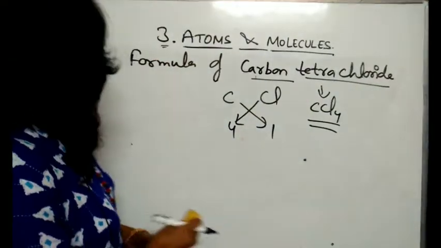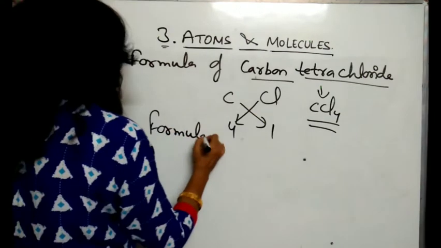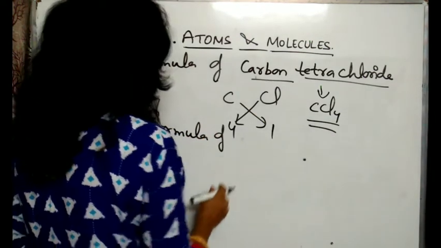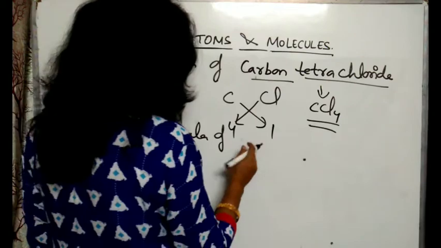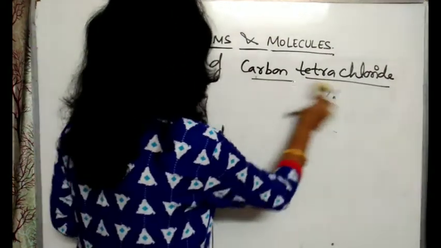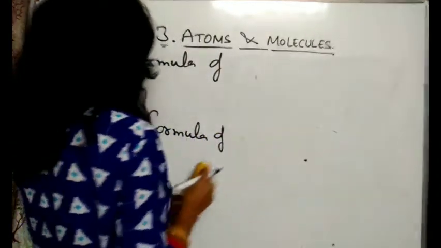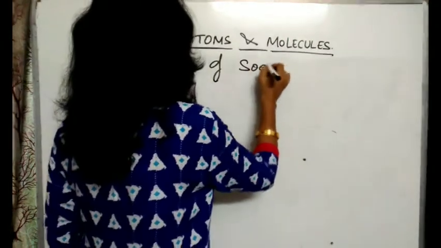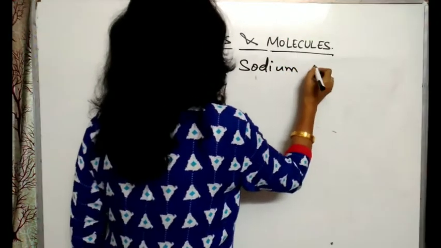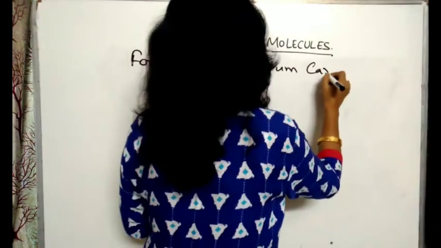Now you can write the formula of sodium chloride that we have done, sorry, sodium carbonate we can do, sodium carbonate.